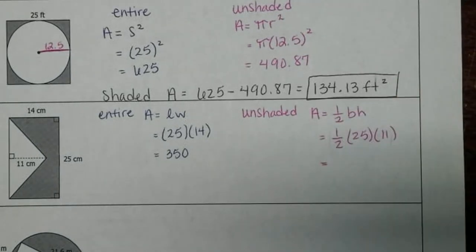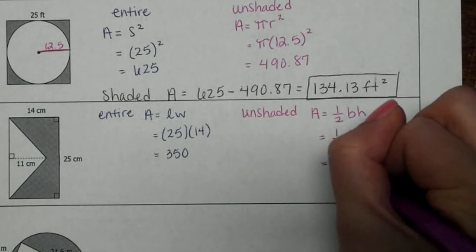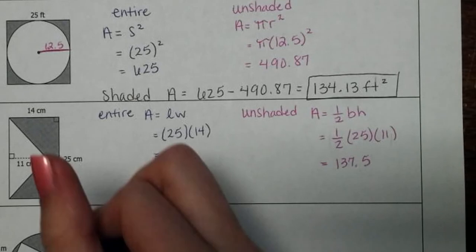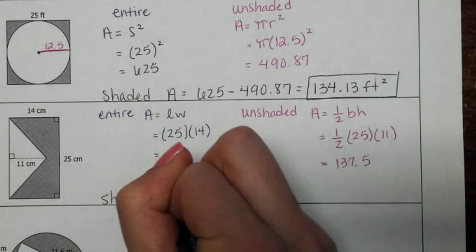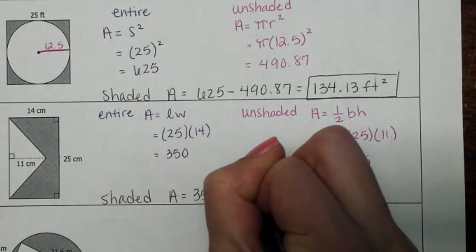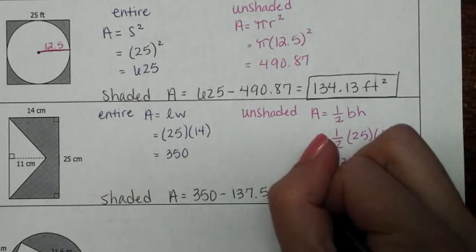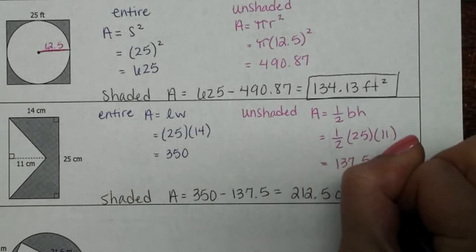If I calculate that, I get 137.5. So my last step is to find the shaded region by subtracting. I'm going to take 350 minus 137.5 to get 212.5 centimeters squared.